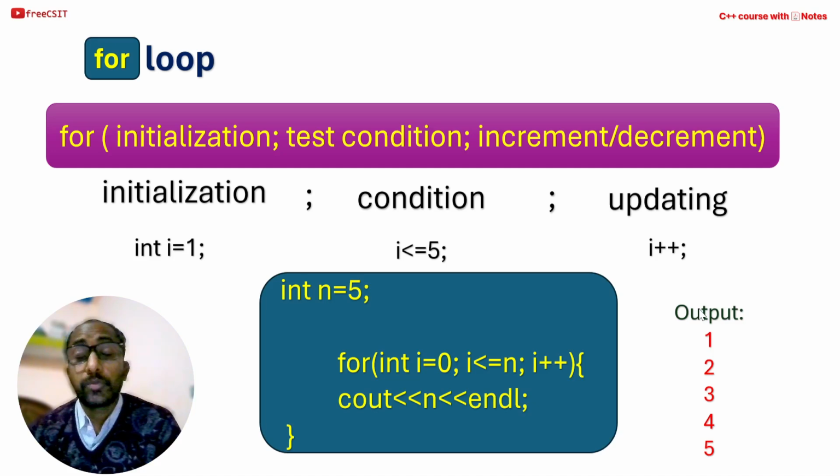So loops come into the picture when we need to repeatedly execute a block of statements. For example, if you want to print hello 10 times, we can print it without a loop, but that takes more time and is not a good practice for becoming a best programmer.